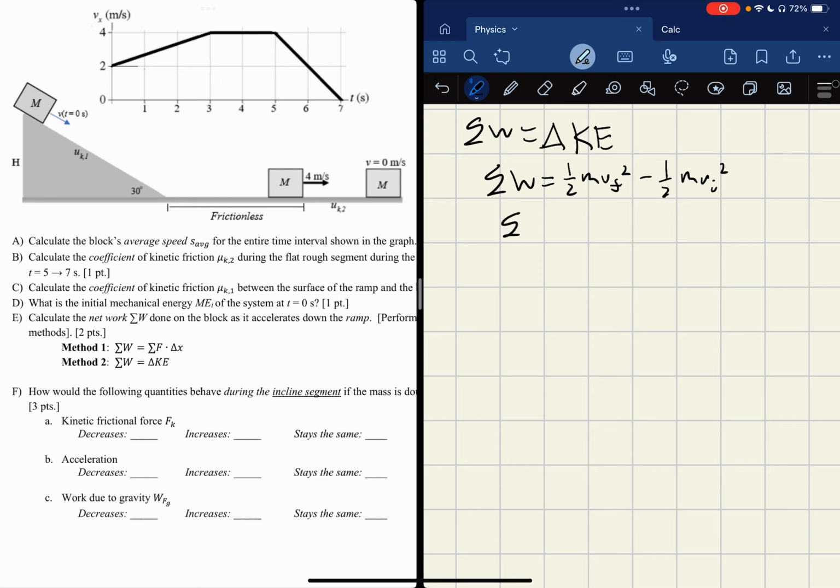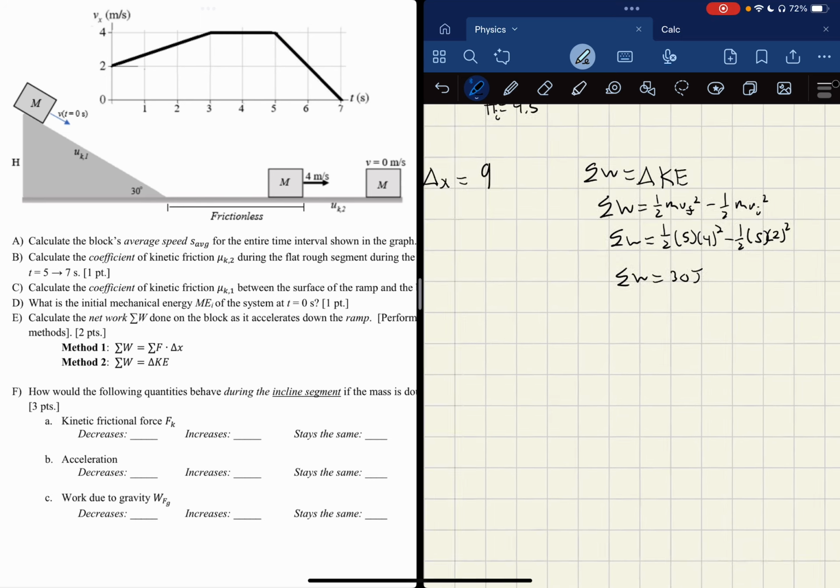So using that, we can plug in our values: 1/2 times 5 times 4 squared minus 1/2 times 5 times 2 squared. And plugging that in, we will get 30 joules.